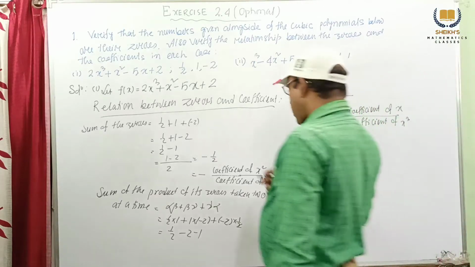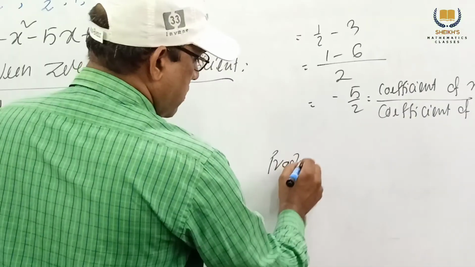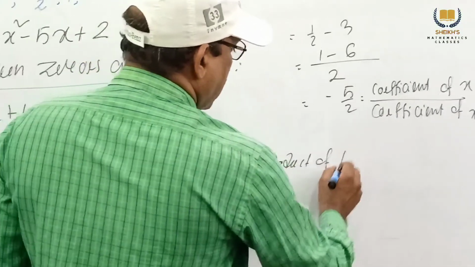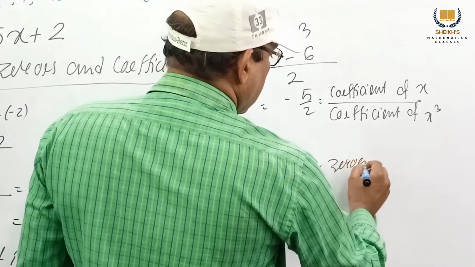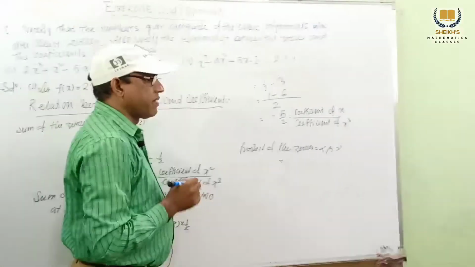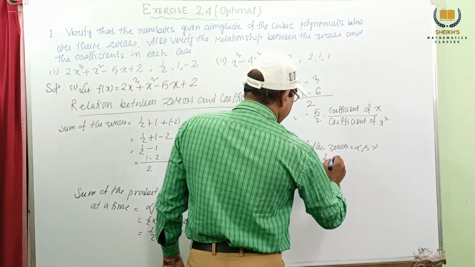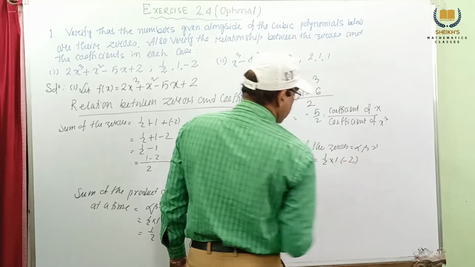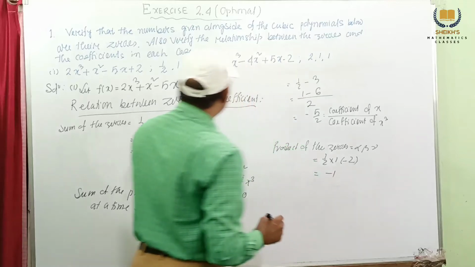Last one, the product of the zeros. This is alpha, beta, gamma. Alpha means half, beta means 1, and gamma means minus 2. So ultimately we get minus 1.